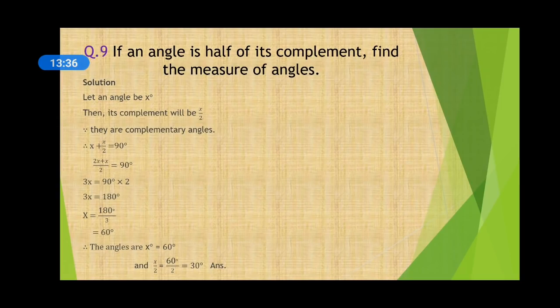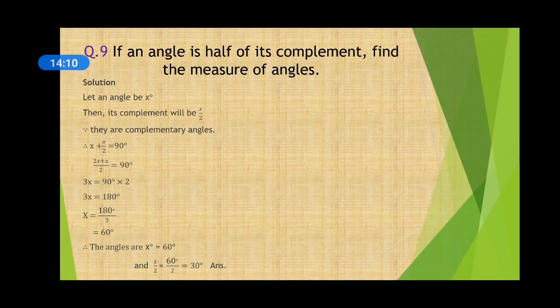So let one of the two angles be x degree. Since one angle is half, the other angle would be x upon 2. So one angle is x, the other angle which is half will be x upon 2.